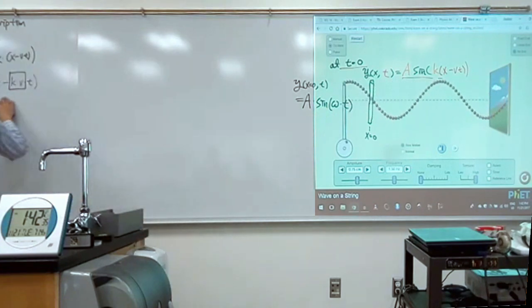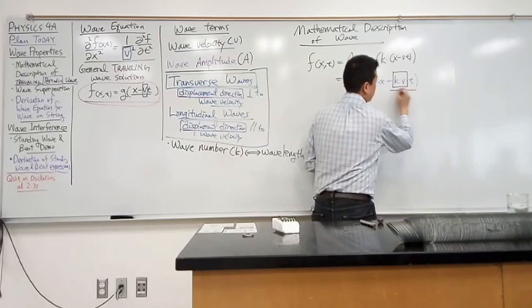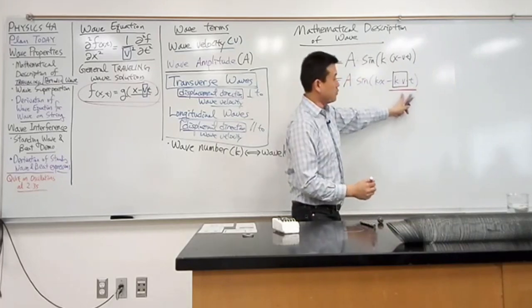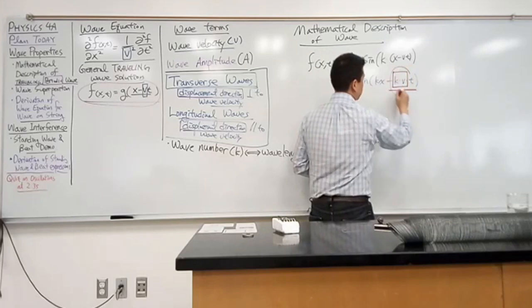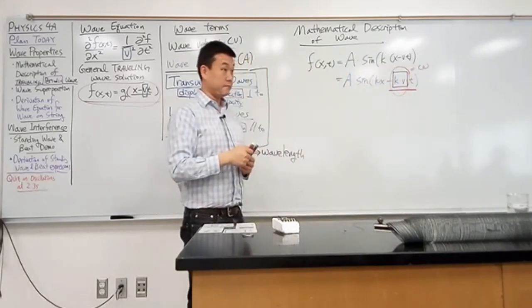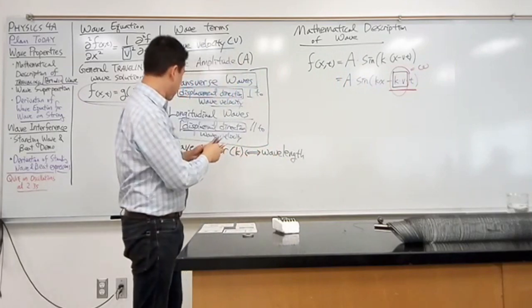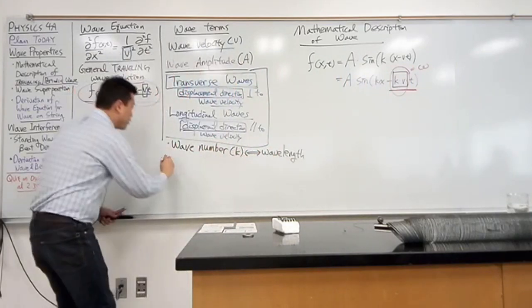So when you come back to this, when we say x is equal to 0, this is the term that remains. And this should be equal to omega times t. So what that means is that this should be equal to omega, angular frequency. So let me write the term here. Angular frequency.